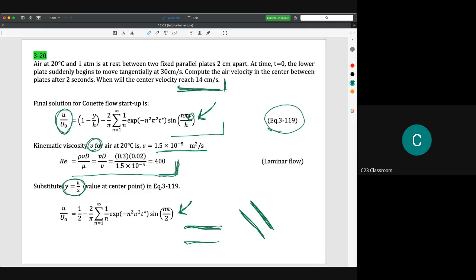The u over u naught means, if we have the velocity distribution here, the u is the velocity inside the velocity distribution, while u naught here is the average velocity. So if the velocity starts to be steady like this, the velocity at the average area here will be written as u naught. Okay.